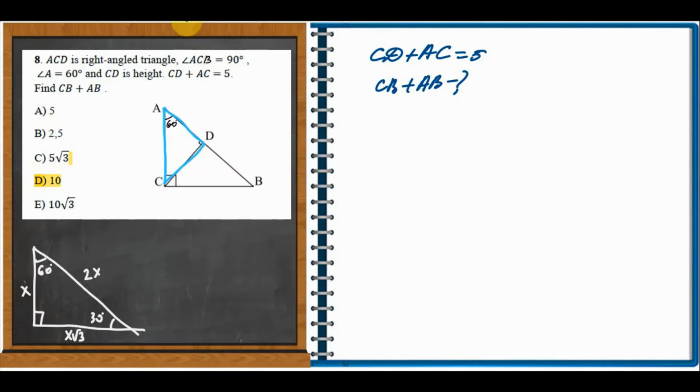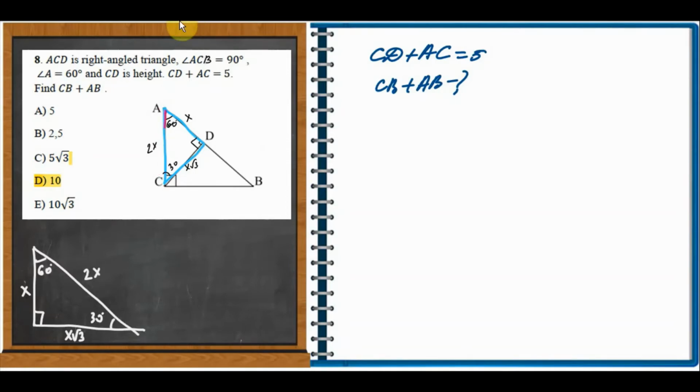Now, let's have a look at the smaller triangle here, the ACD triangle. What we know about this is, if this is 30 and 90, it must be a 30, 60, 90 triangle, right? Again, let's use this property. Opposite to 30, let's denote it with x. Opposite to 60 will be x square root of 3, and opposite to 90 will be twice x. Now, let's have a look at the bigger picture.